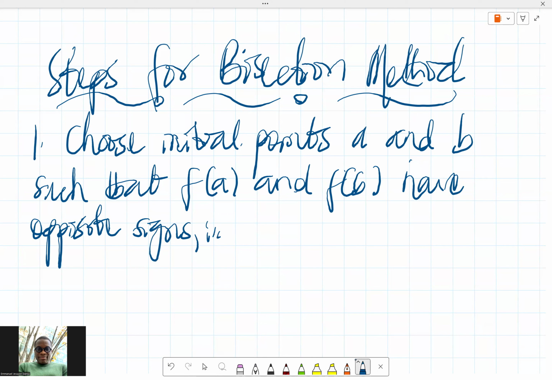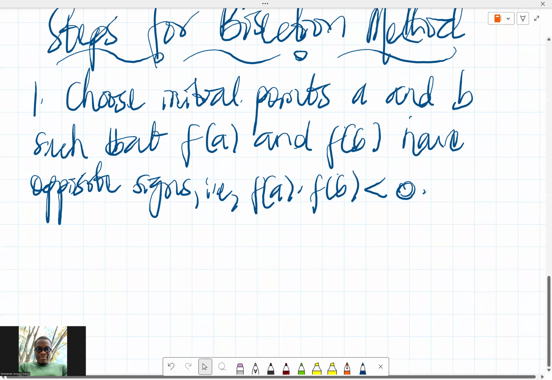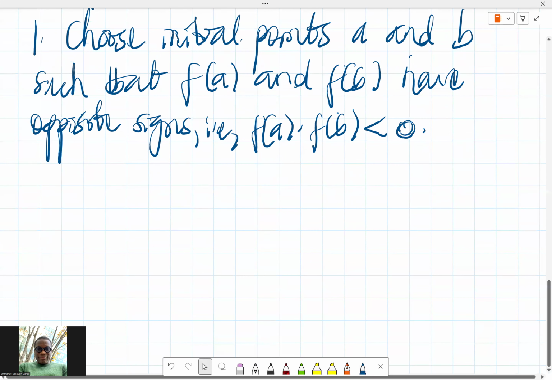That means that if you multiply f of A and f of B, the value is negative, less than 0. So the product of f of A and f of B is less than 0. That's the first step.